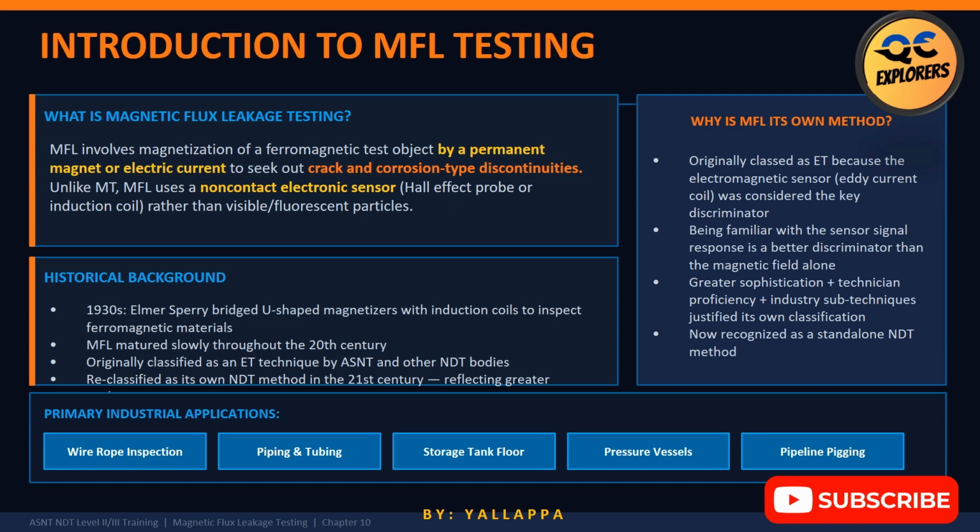Correct answer. ET, eddy current testing. Not MT. Don't memorize this. Understand it. It was classified under ET because the electromagnetic sensor was considered the primary distinguishing feature. Now let's move into magnetism fundamentals.